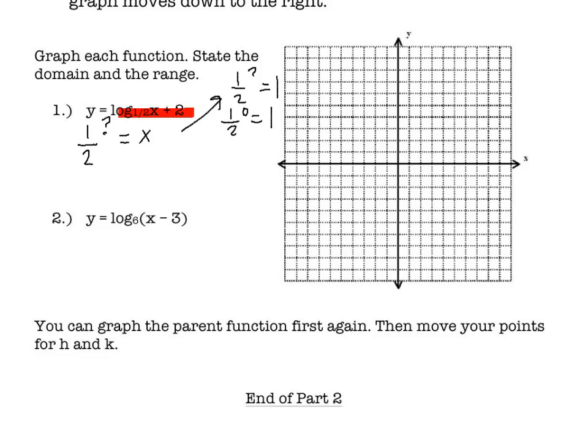Now this makes sense because when we did exponential functions, the y-intercept was (0, 1). So now it makes sense that if this is the inverse, the x-intercept is going to be (1, 0). So I'm going to plot that point (1, 0).